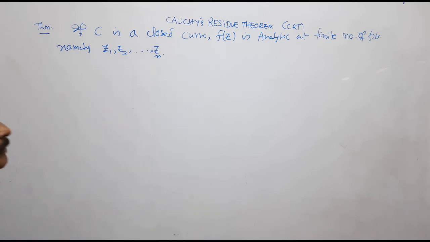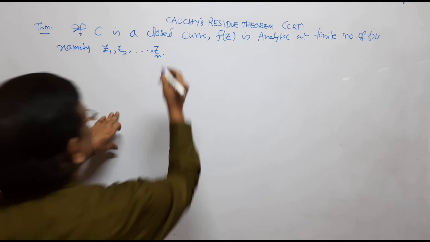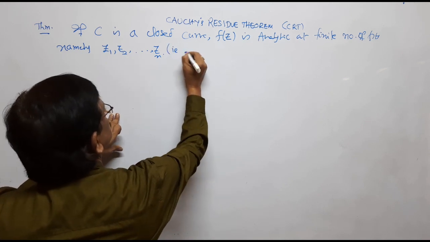I have a finite number of points. Of course, f(z) is not analytic at these points, which means z1, z2, zn are singular points.